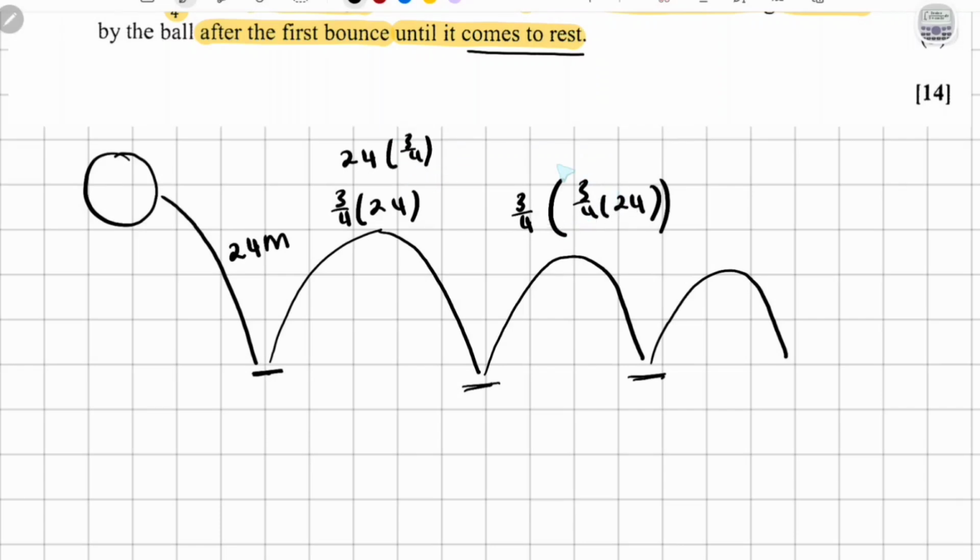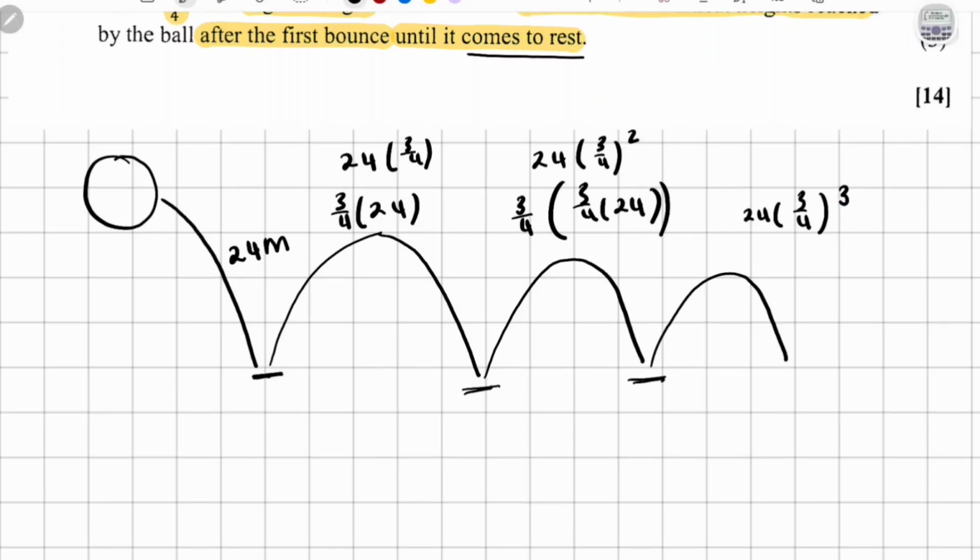Then this one, I can say 24 multiplied by, do you notice that there are two 3 over 4s? Brackets just mean to multiply. So just multiplying all these numbers throughout. So I could just say 3 over 4, because there's 2 of it, squared. Then the next one would have been 24 times 3 over 4 to the power of 3, and so on.